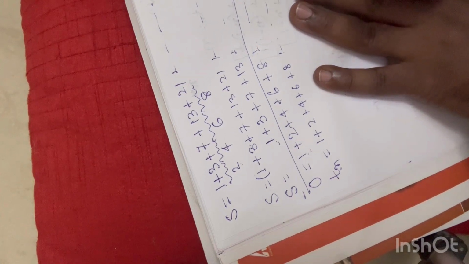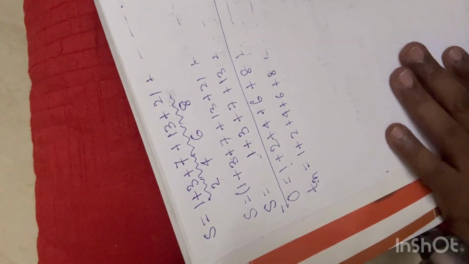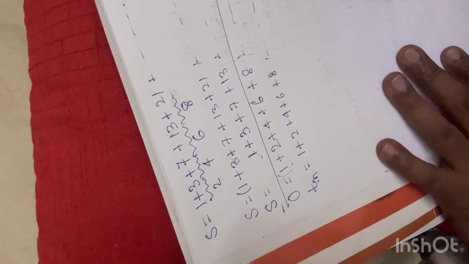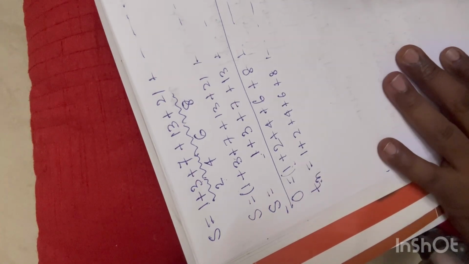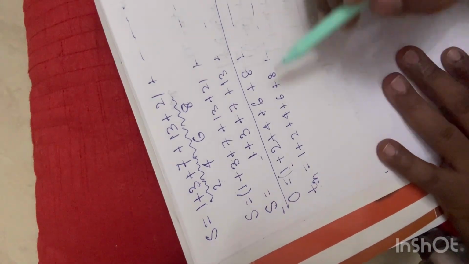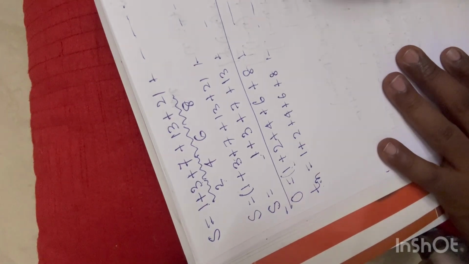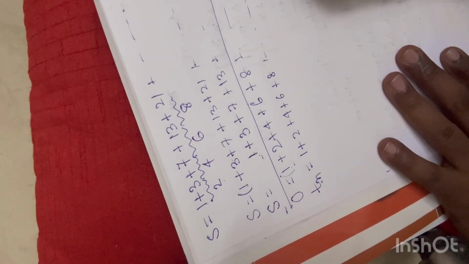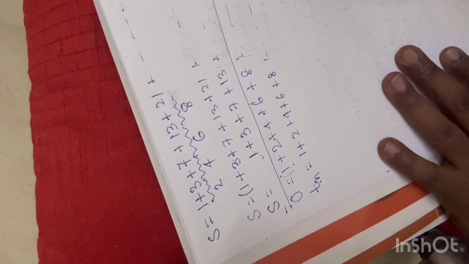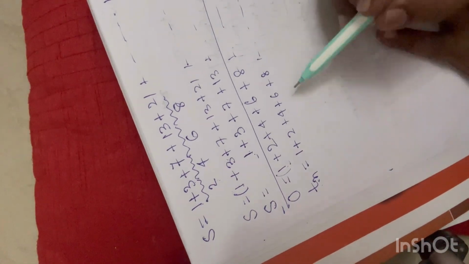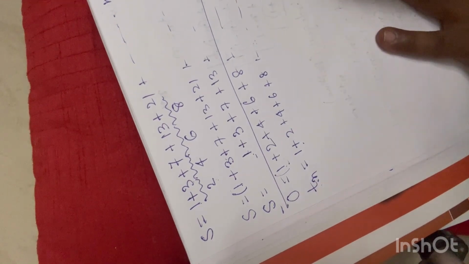I am talking about the number of terms, not the value of the terms. So if I take out this minus Tn, the remaining series before it will end at the nth term. Definitely whatever the numbers in the series, it will extend up to the nth term.